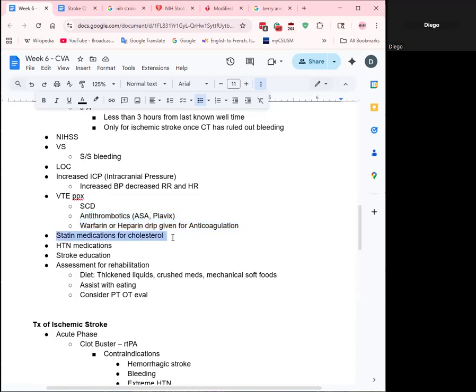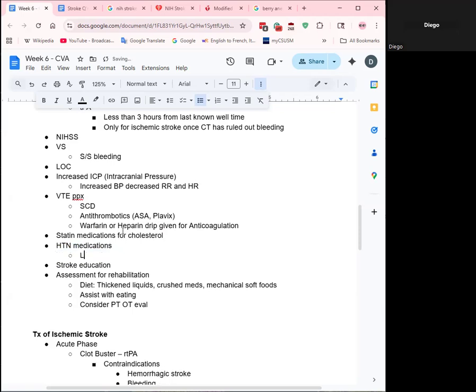Patients that have had ischemic stroke get statin medication to control cholesterol, control the buildup of plaque. Also medications for hypertension, although it's worth noting that a lot of patients that had a stroke can be kept on what's called permissive hypertension.